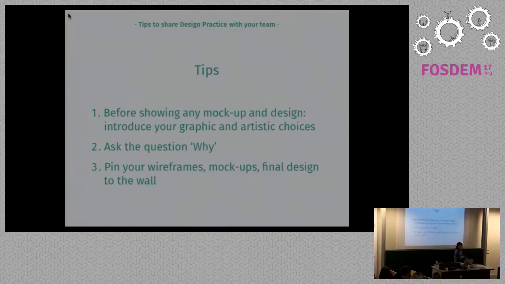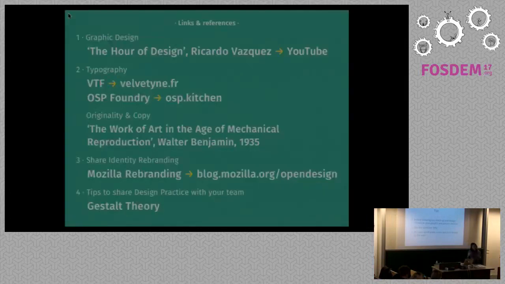And the last point I would give here is pin your wireframes, your mock-ups and your design to the wall, so everyone can access it. You will trigger discussion and thoughts. The team will have common steps and goals. And also, you avoid teammates discovering the design only when it's online, because it's really hurtful for me.